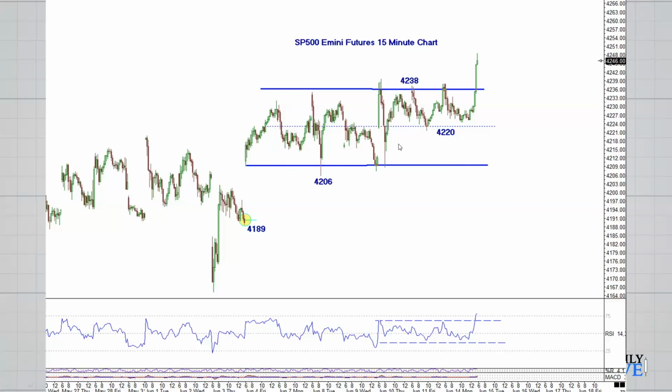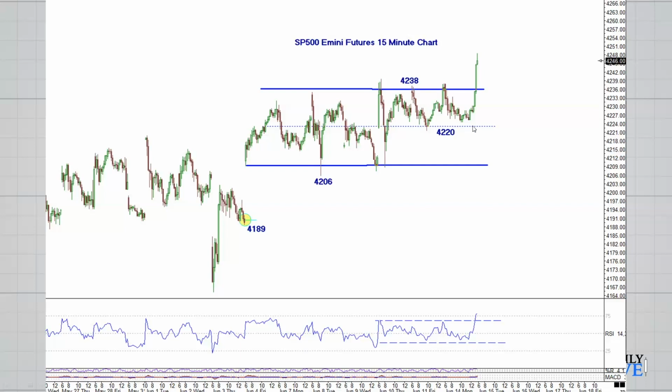And so I drew this dashed line across, and that's right about the 4220 area. Now, notice over here, from around the beginning of June, that 4220-ish area, the dashed line in the center, how many times the price came up, down, and around through it. So the last few days, the price had started to hold that 4220 area.